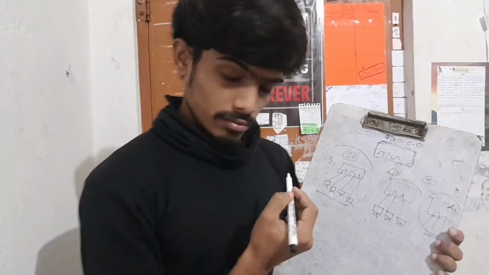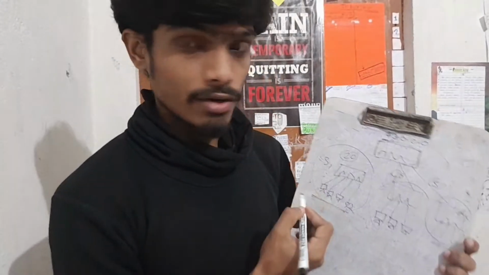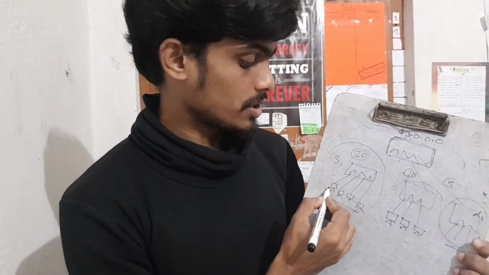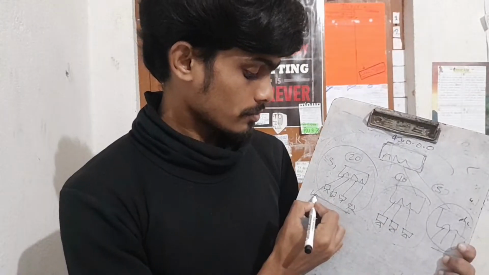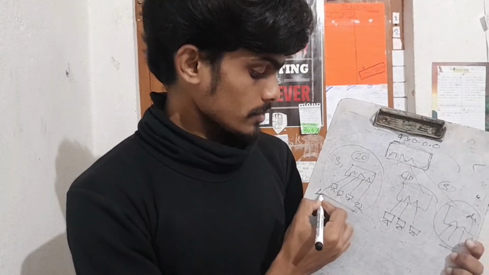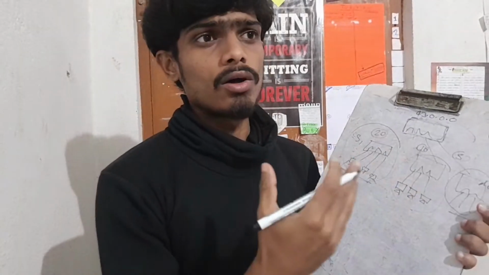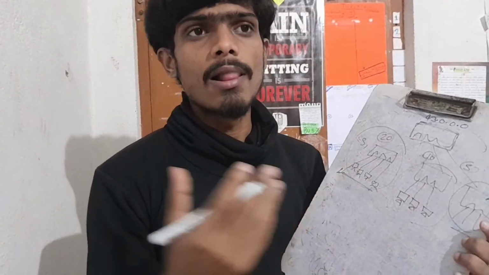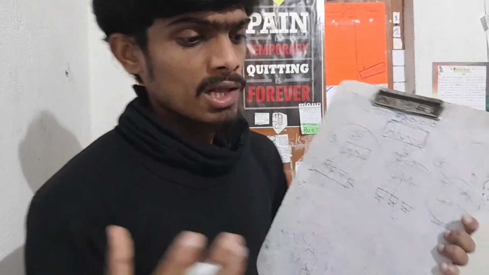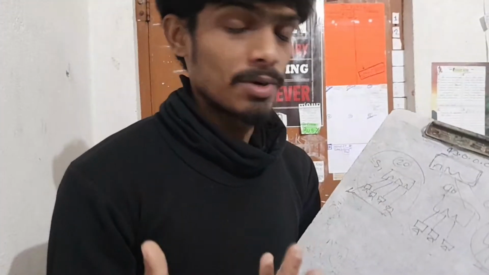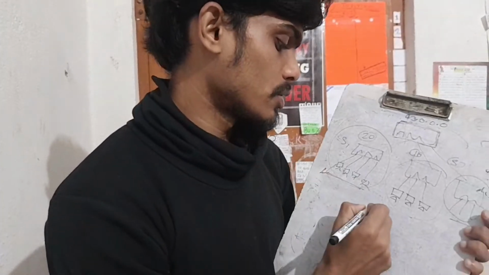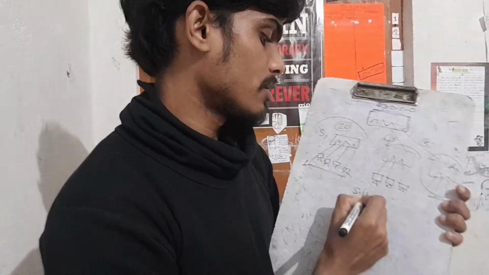So where is our first device in the first subnet? Here. In this we will find several terms for subnet one, so I will mention here subnet one. We are finding for just this.